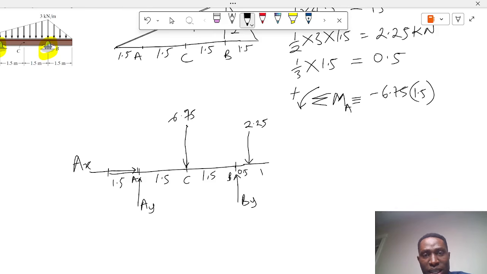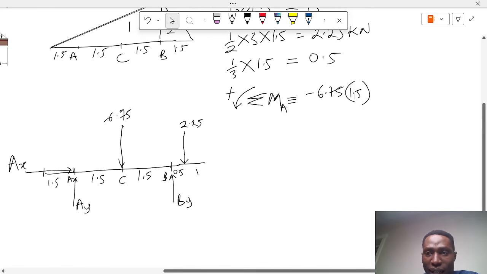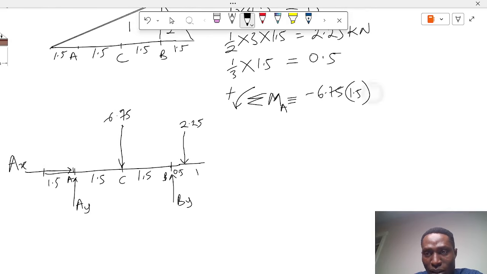That's the first moment. The second moment is BY, and that is positive because it's going counterclockwise, plus BY, and the distance of BY from A is 3.